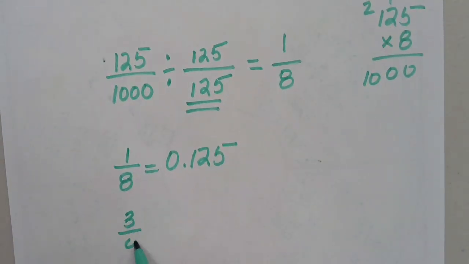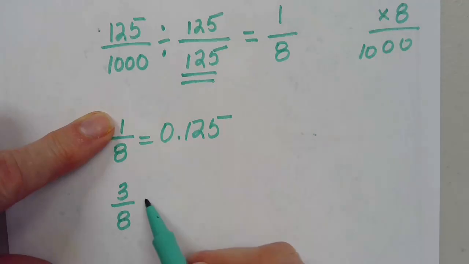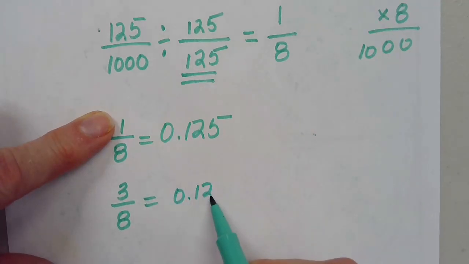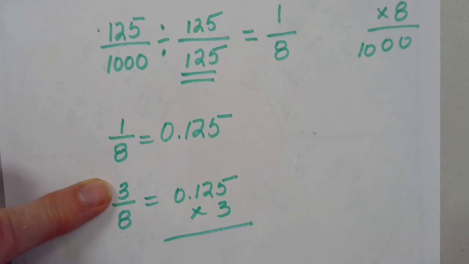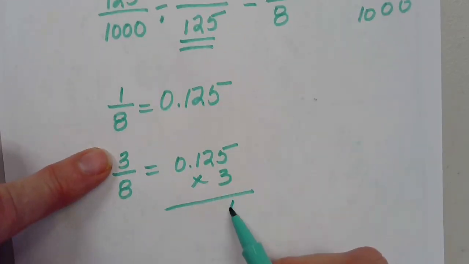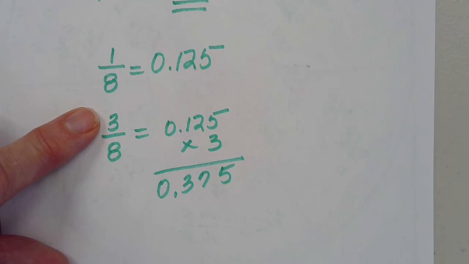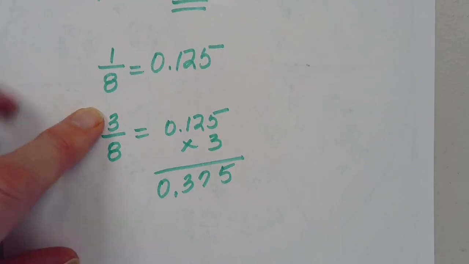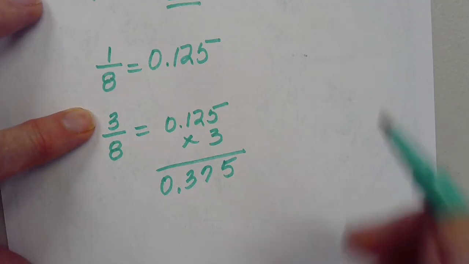If I had 3/8, I don't have to do long division for that. If 1/8 is this, what could I do with 125 thousandths? Times 3. I think that's easier than doing long division. So if you remember every eighth is 125 thousandths, you can multiply by the different numerators.